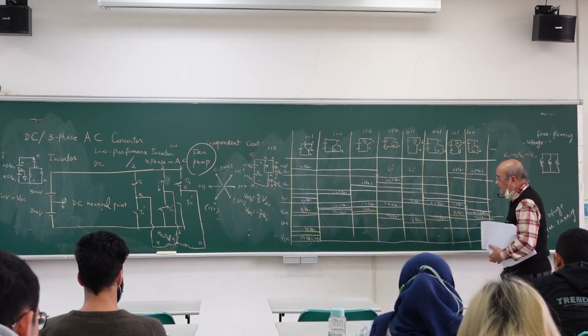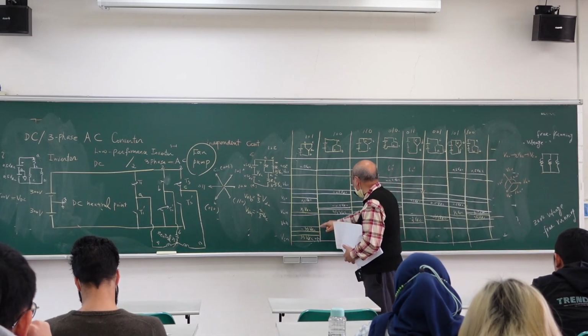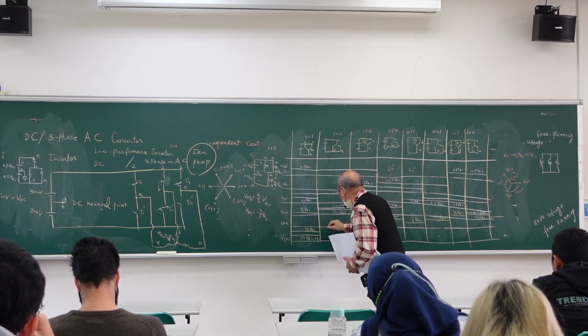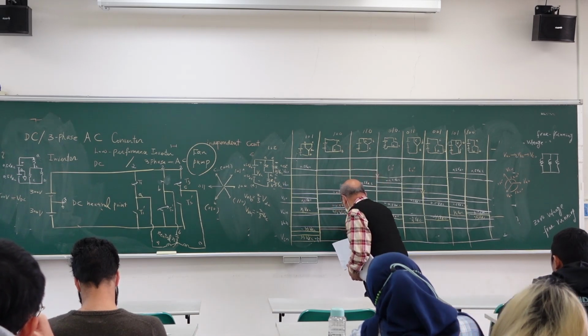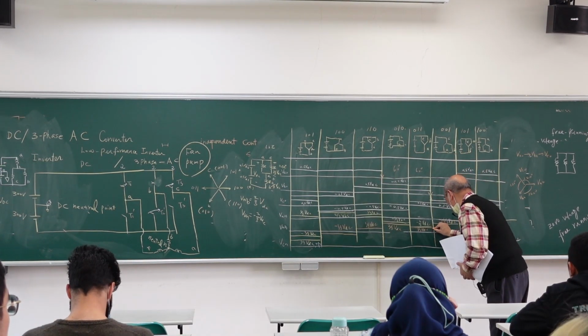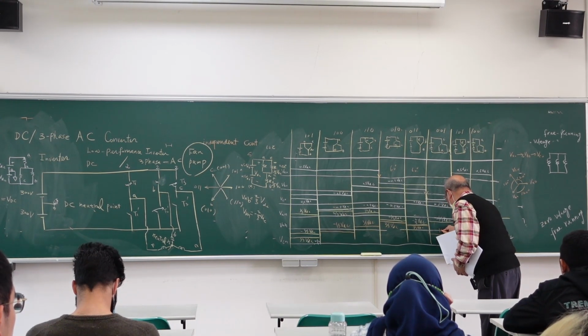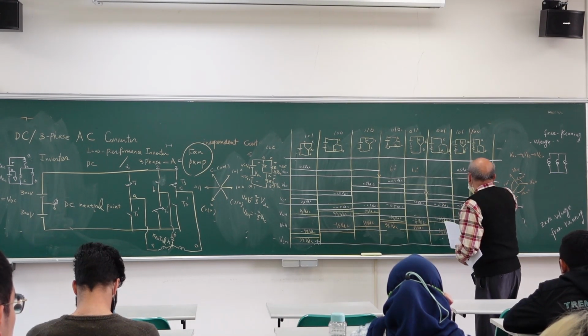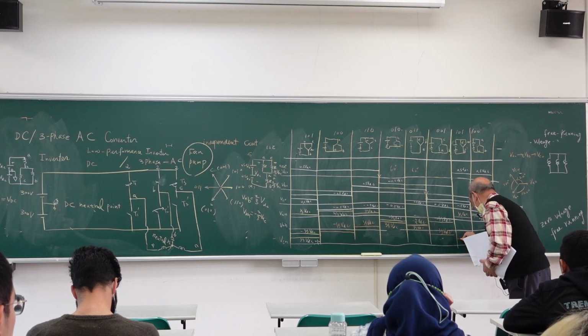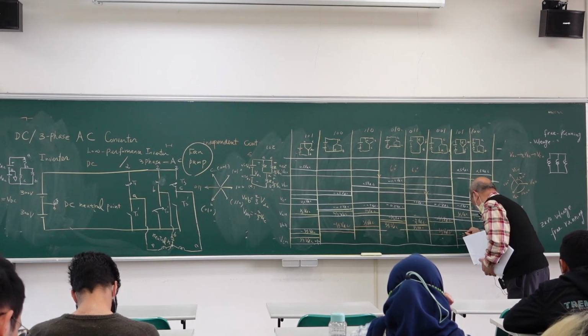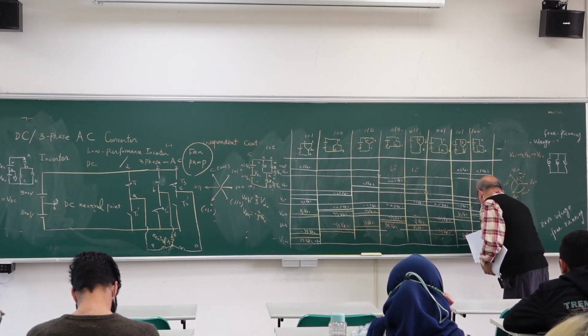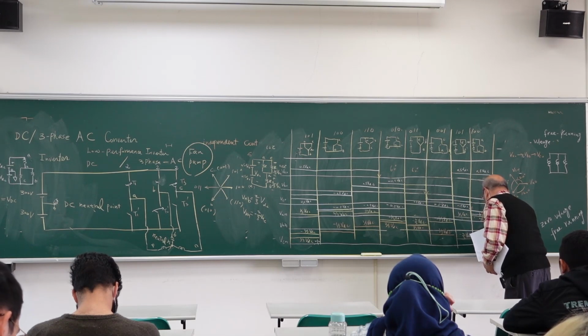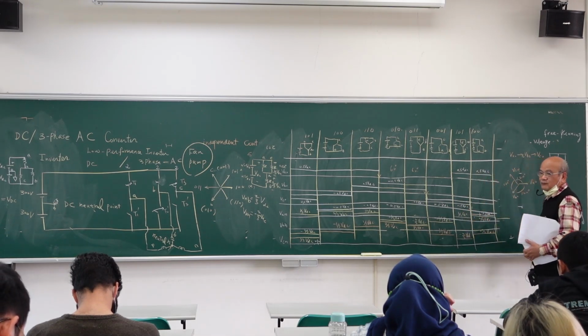So how about B phase? So minus 2 here, minus 1. B minus 1/3. And then minus 2/3. And then minus 1/3. So you can easily draw VBN.